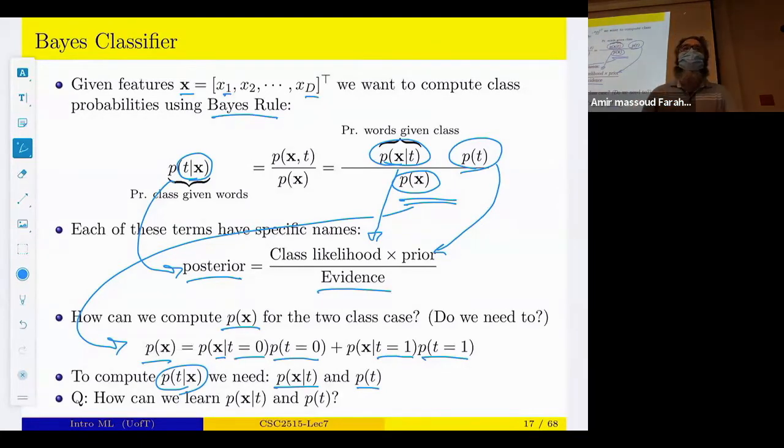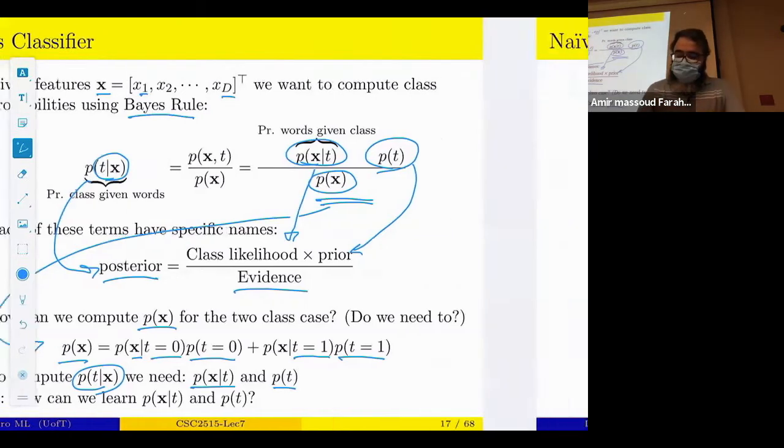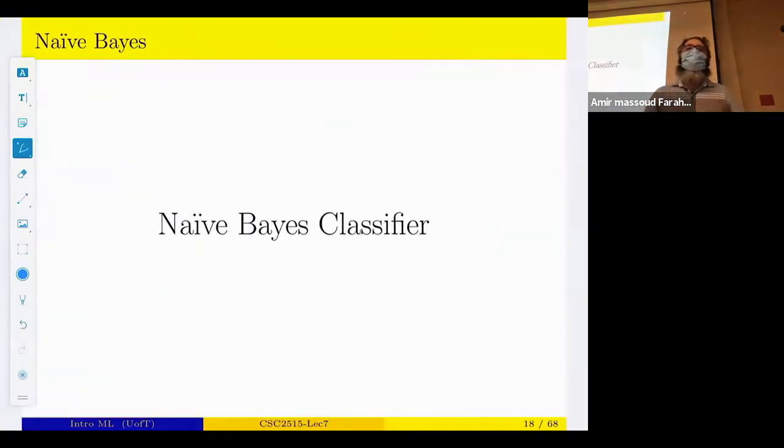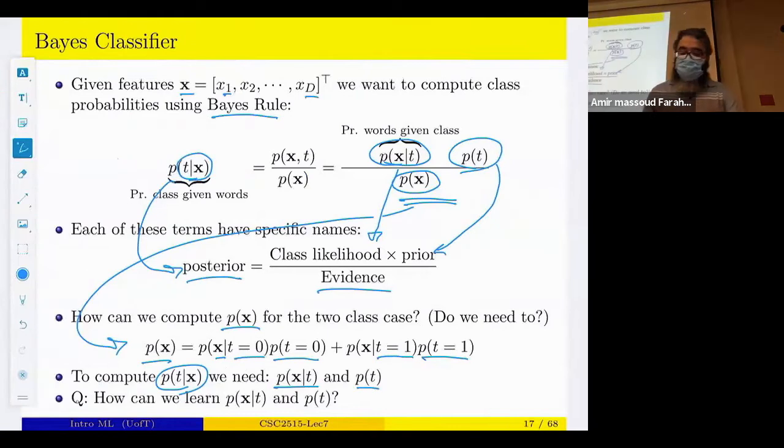Now the only question is how we can learn these P of X conditioned on T and P of T. This is generic so far, but the question of how we model the probabilities and how we learn them, I will give you some specific concrete examples.